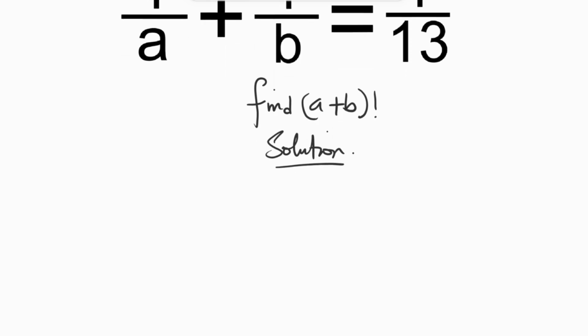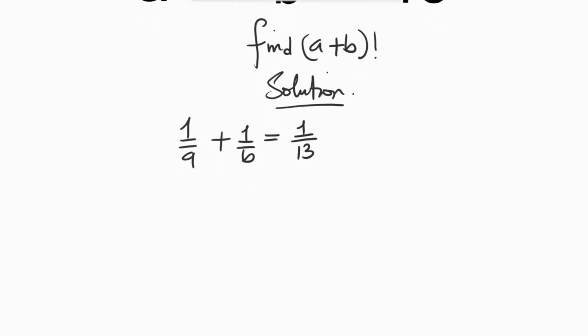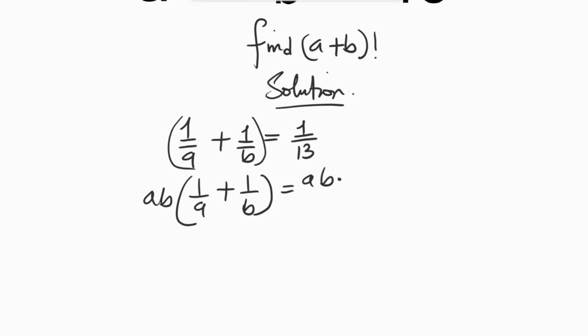We have that 1 over a plus 1 over b is equal to 1 over 13. We can multiply both sides by AB. If we do that, we have AB times 1 over a plus 1 over b equals AB times 1 over 13.